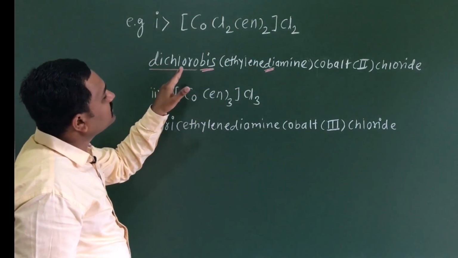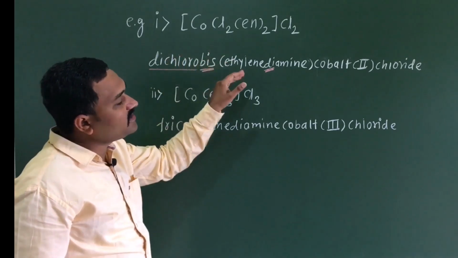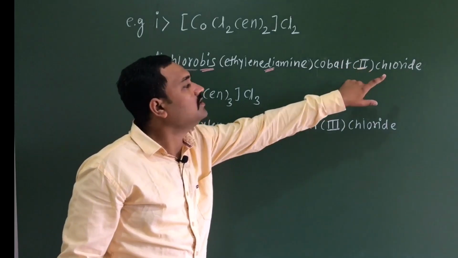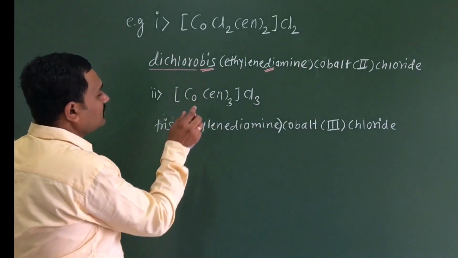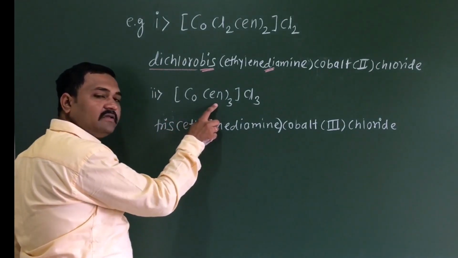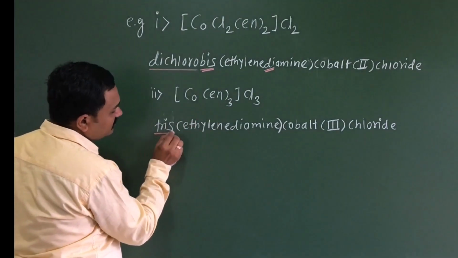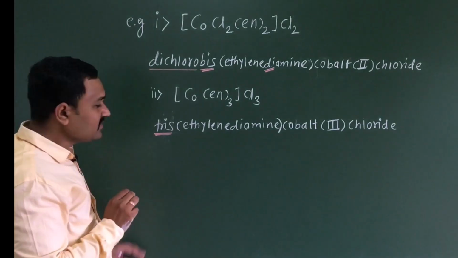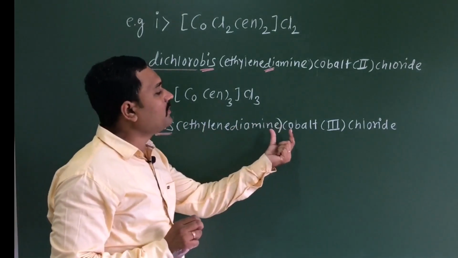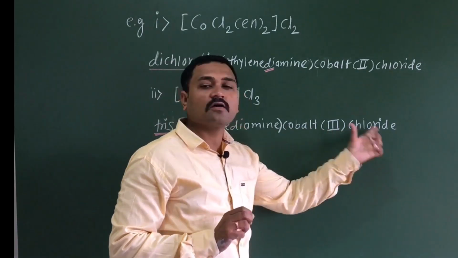Therefore its name will be dichlorobis(ethylenediamine)cobalt(II) chloride. In the second example, the ethylene diamine is present 3 times, hence we have used the prefix tris, tris for 3: tris(ethylenediamine) in parentheses, cobalt(III) chloride.